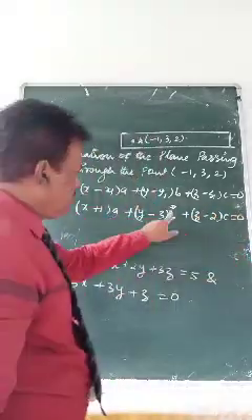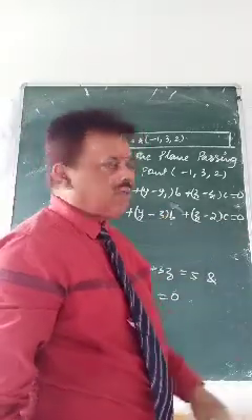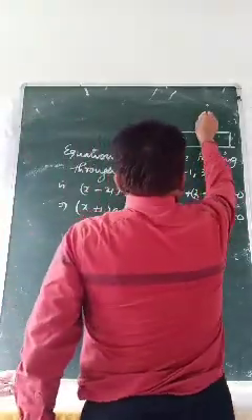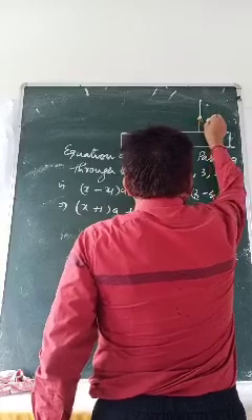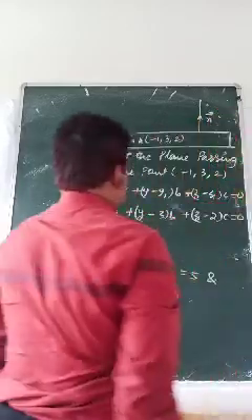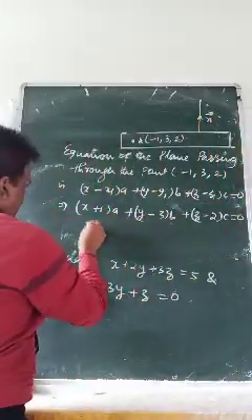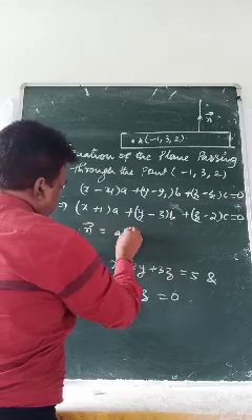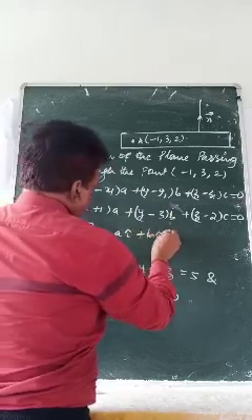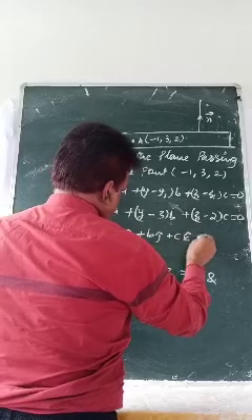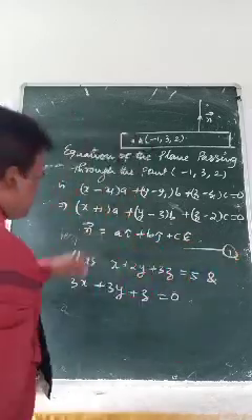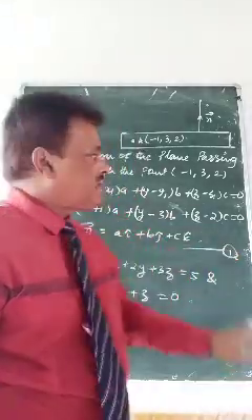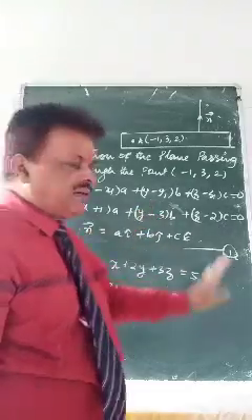What is this ABC here? ABC is the normal to the plane. So you can write the N vector equal to ai plus bj plus ck. You got the N vector? Everywhere when you talk about a plane, find its normal.